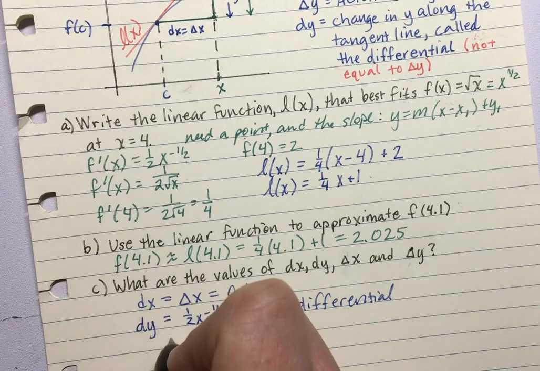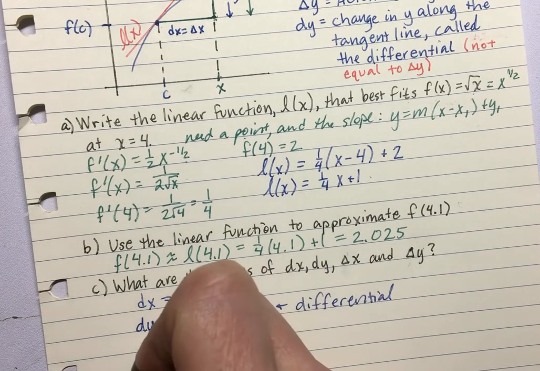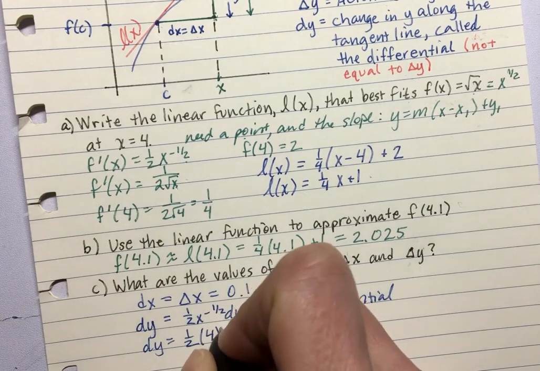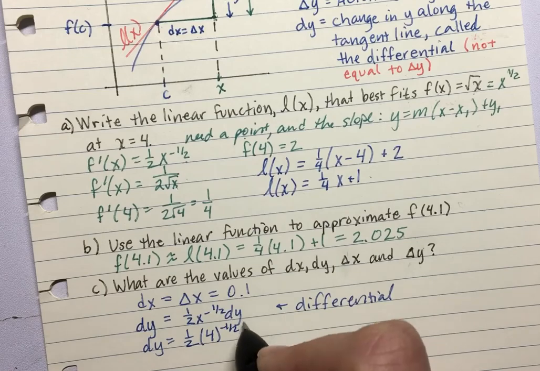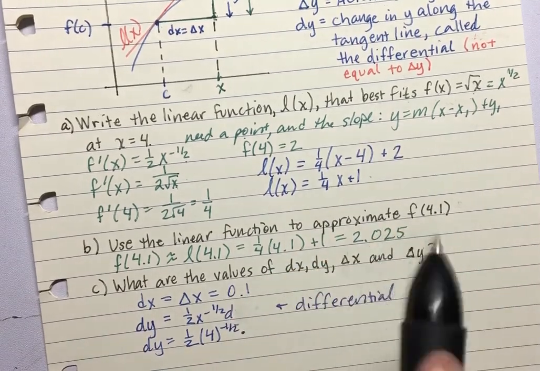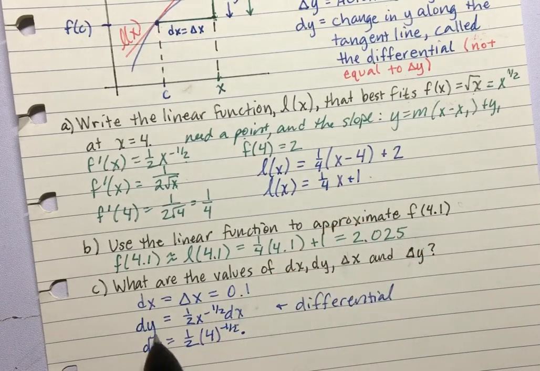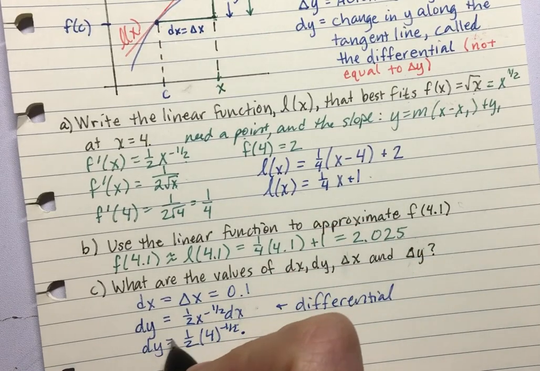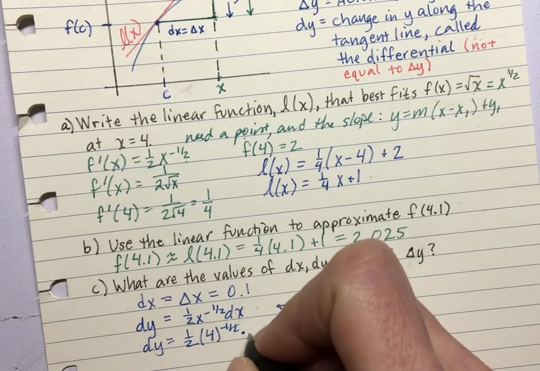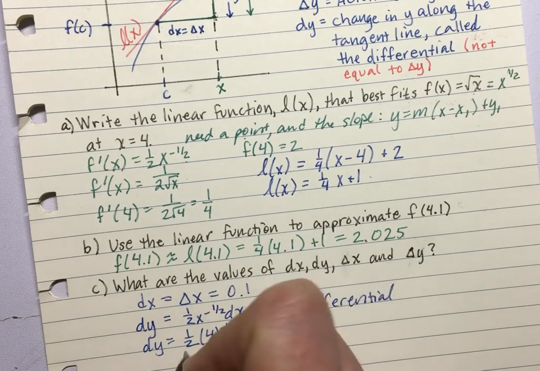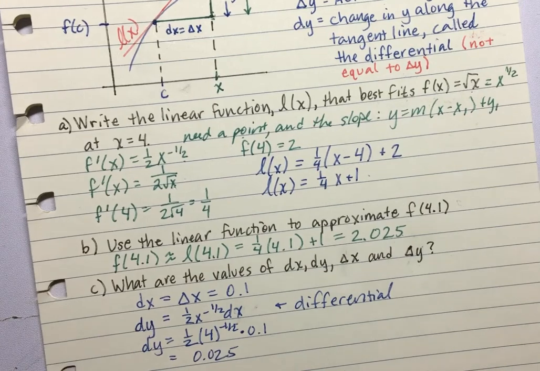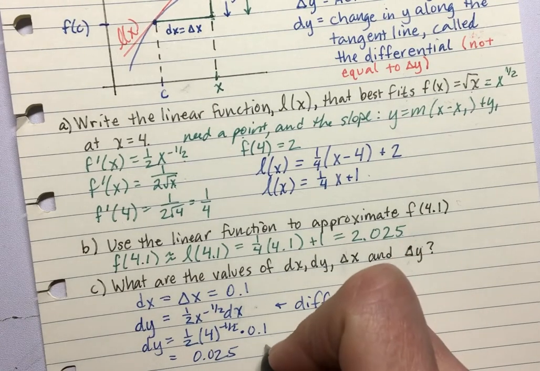But if you plug in our 4, our original x, and our, oops, that's not supposed to be a dy, silly me, that's a dx, because that's our differential, right? dy equals blah, blah, blah dx, see the other video. And so our dx is that 0.1, and when we do that, we get 0.025, and again, it's how much y changed on the tangent line.